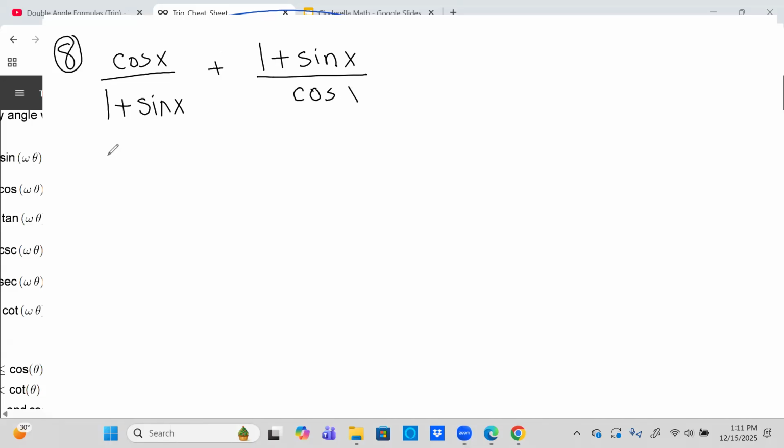So again, there's nothing we can do with this as it sits. We need a common denominator. We're going to invite cos to the left, upstairs to be fair. We're going to invite 1 plus sine to the right, upstairs to be fair.